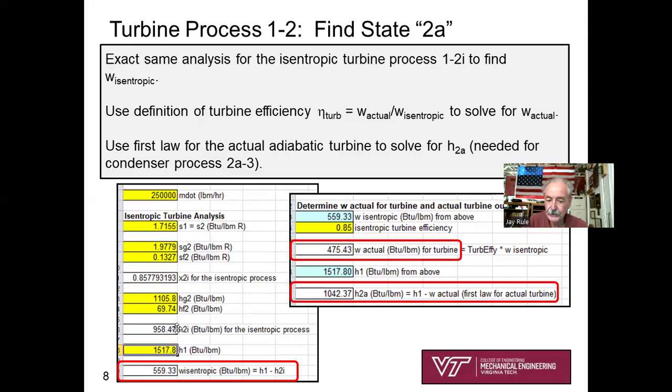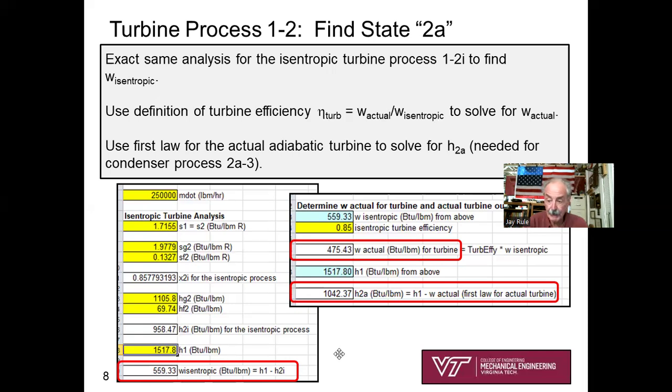So H2I, using the definition of quality, 958.47 BTUs per pound. H1 was the lookup, 1517.8. And I run through the numbers to get W isentropic. W dot over M dot is 559.3 BTUs per pound mass.